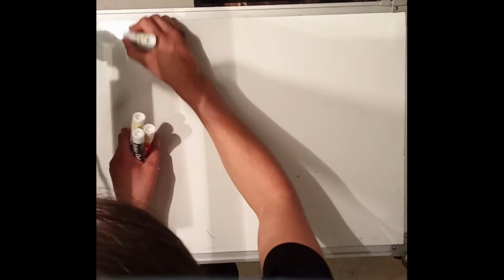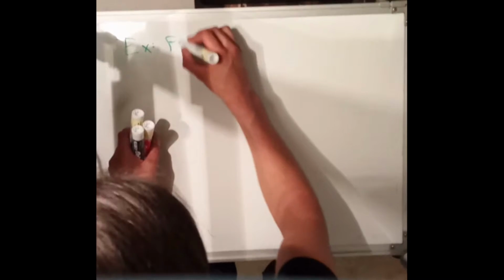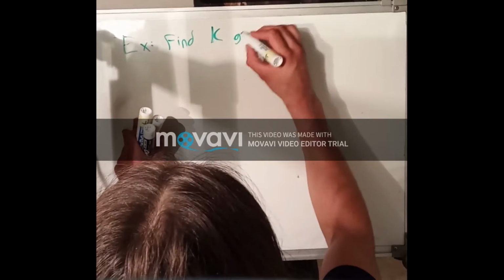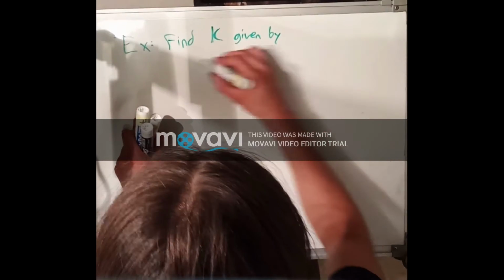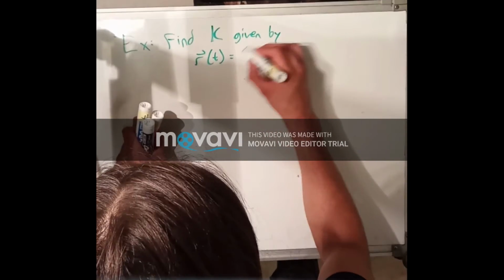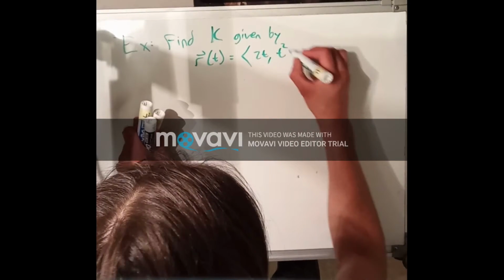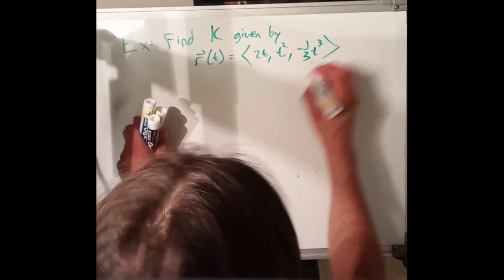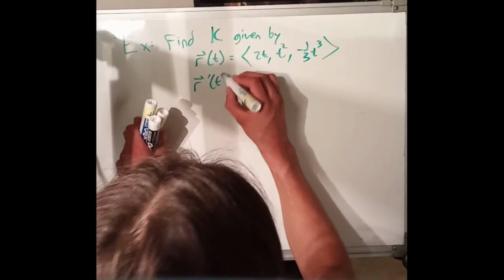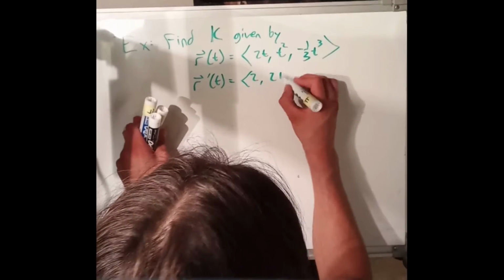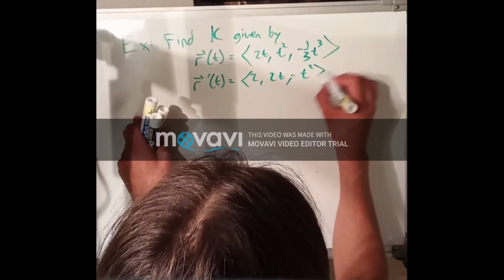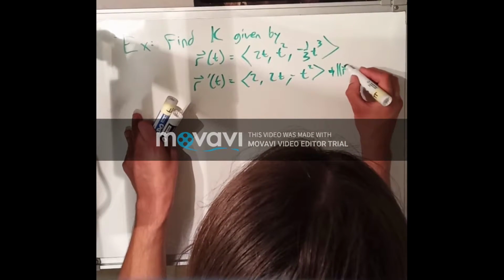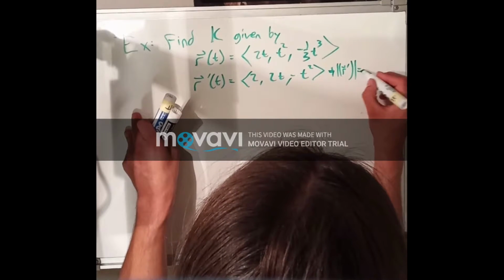For a quick example, we'll find the curvature of the curve given by this vector-valued function. R prime of t is equal to this. We take its normalization.